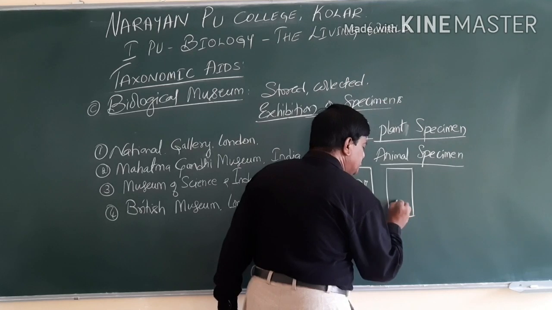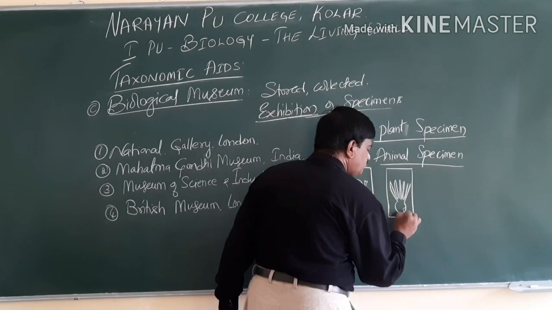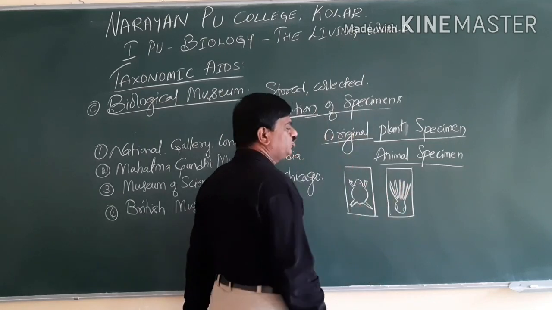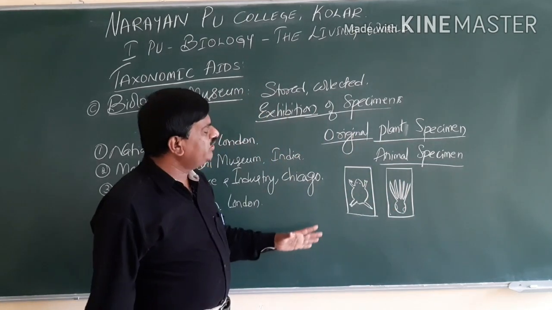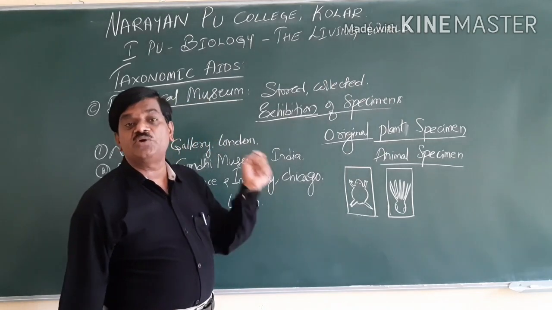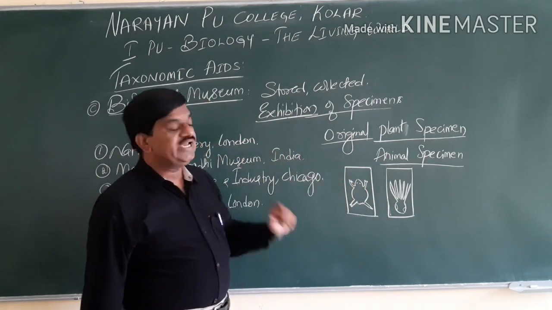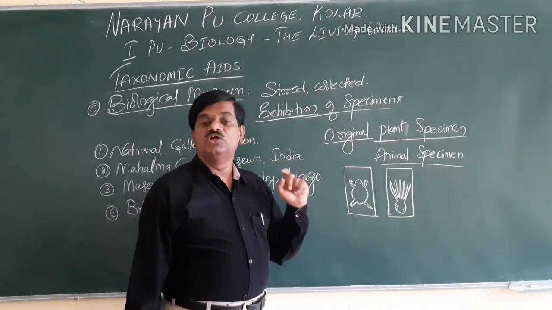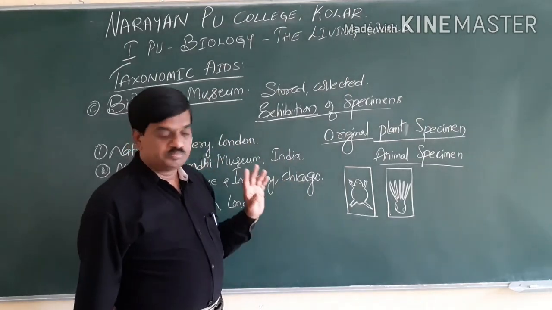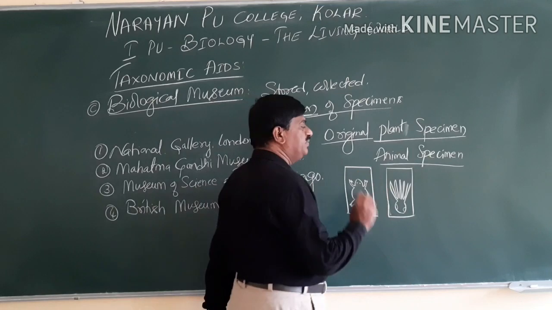For example, many have seen the octopus. Like this, octopuses, frogs and fish can be taken and preserved. Whatever specimens are required for our studies can be stored and kept. For example, among plant specimens, we take Riccia, bryophytes, Marchantia. All these bottle specimens can be kept.